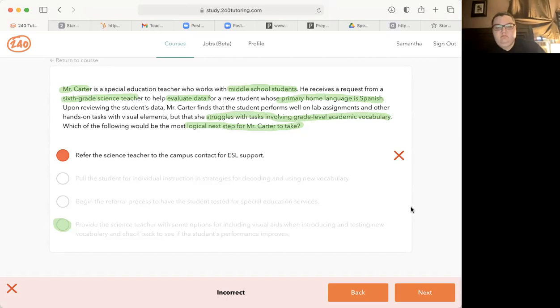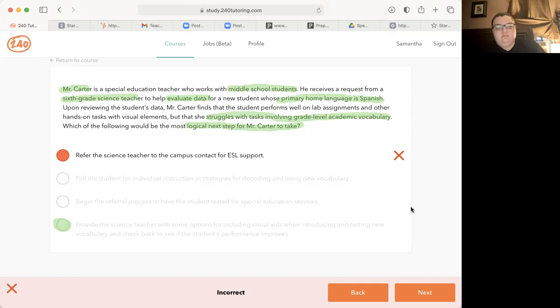And so we need to give them examples for them to see and hear and talk about and connect to whenever possible. So I say this is the best answer for several reasons. The other ones I think are just not the right answer.